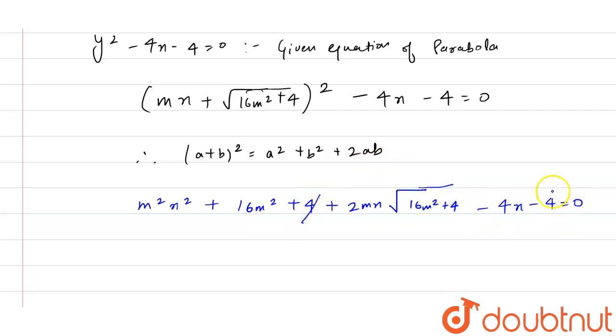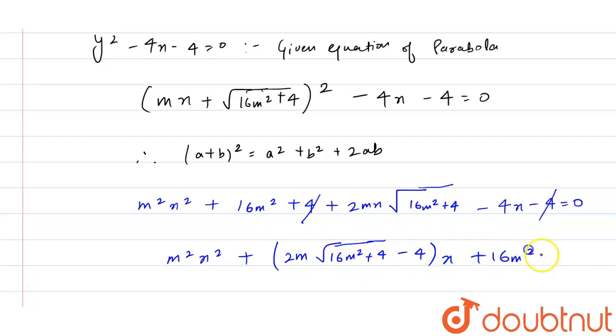So the 4 and 4 cancel out. Taking x common from the two terms, we can write this equation as m square x square plus 2m under root 16m square plus 4 minus 4, times x, plus 16m square equals 0.